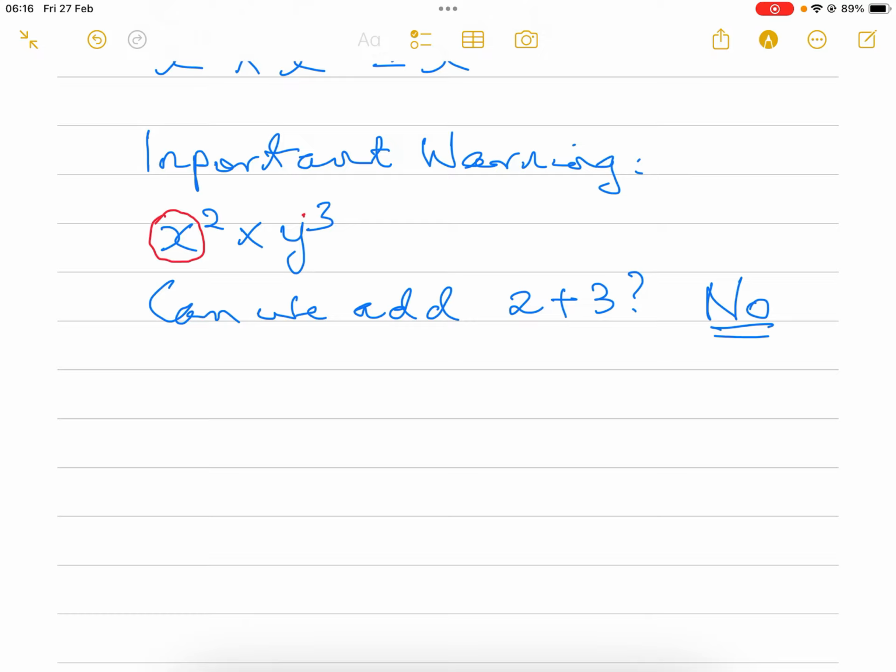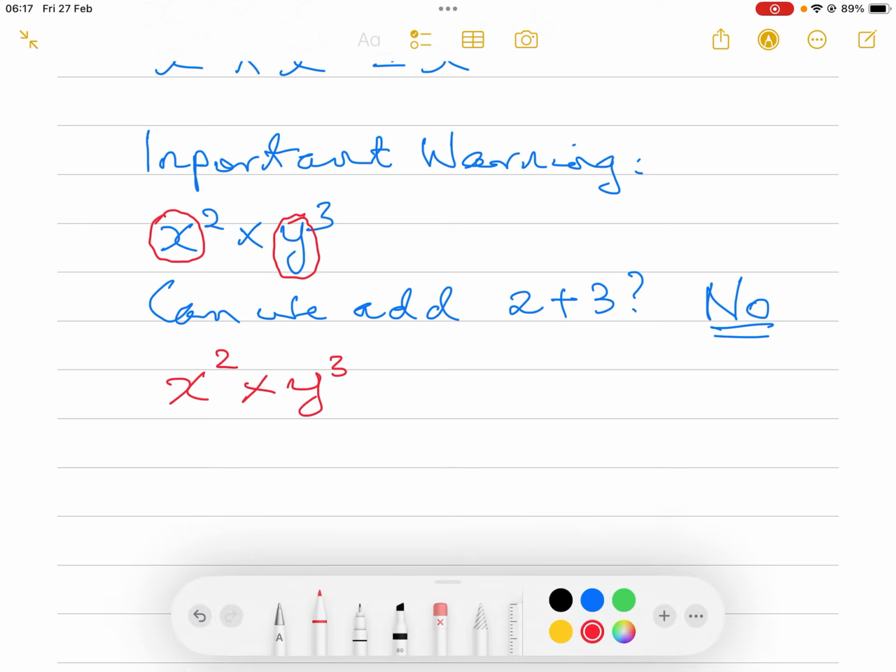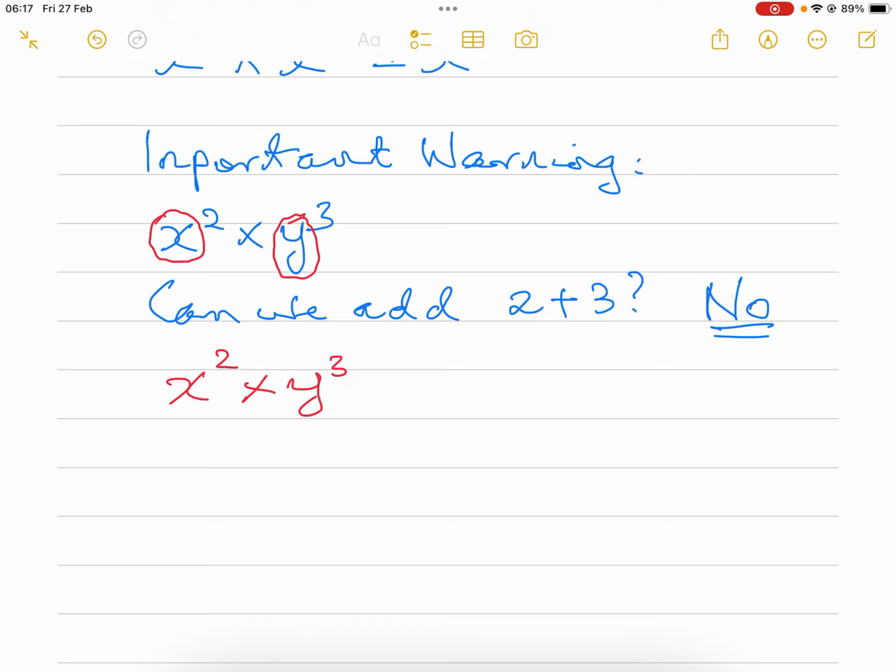This base here is x, and this base here is y. We cannot add 2 plus 3. So x raised to power 2 multiply y raised to power 3 stays as it is.